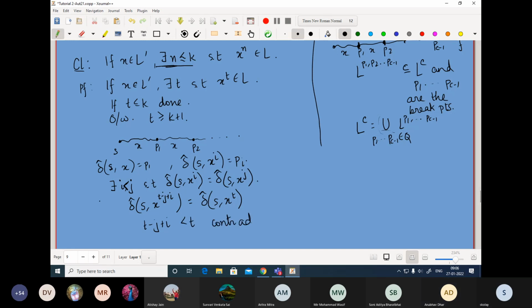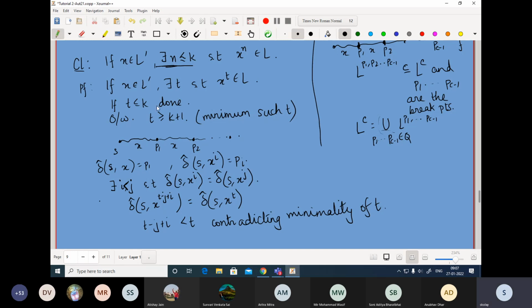Contradicting the minimum such t. Okay, good. So basically what he's saying is you consider all the copies of x in x to the t. Look at the end states of each of these copies. So I'm going to go from Pi to Pi plus 1, let's say, for the ith copy.